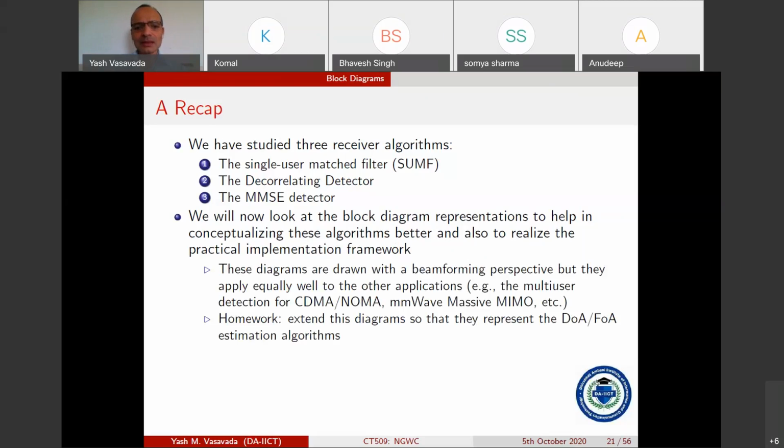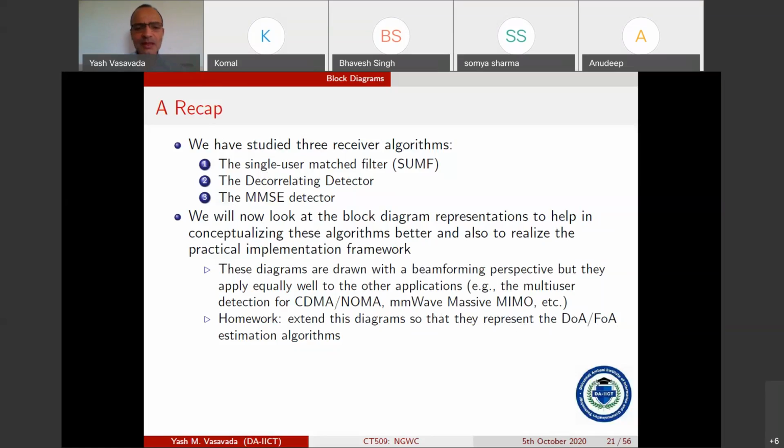These diagrams are written with the perspective of implementing these three techniques. It will be useful and interesting for you to see how to extend these diagrams so that they can represent the direction of arrival techniques or the frequency of arrival techniques that you are currently studying.